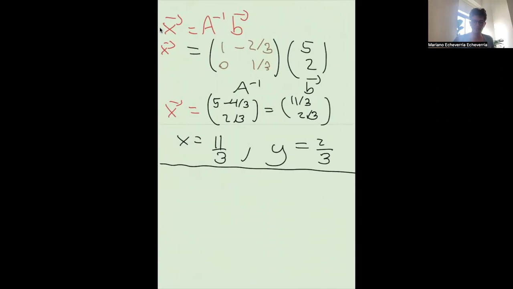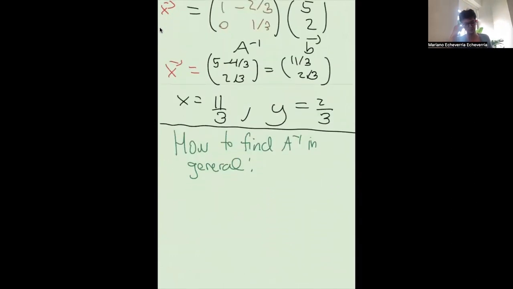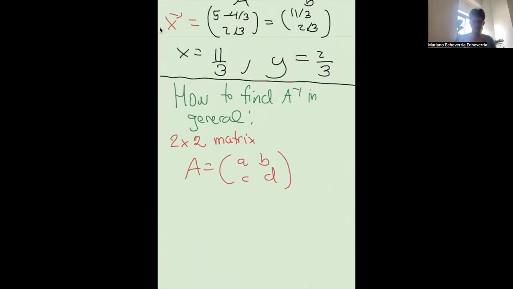So let me explain how to find A inverse in general. I'll illustrate this in the 2x2 case, and then I'll just give you the general formula. So let's start with a 2x2 matrix. Imagine that your matrix A is [a, b; c, d], and you want to find A inverse.